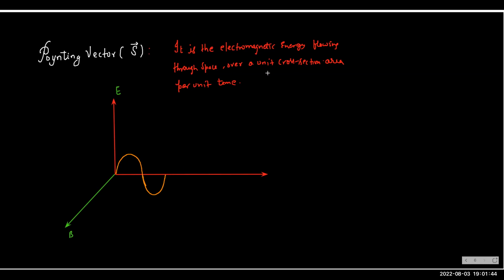Which means this is the oscillation. So this is the plane in which the electric field will oscillate, and the magnetic field will oscillate in a totally different plane.